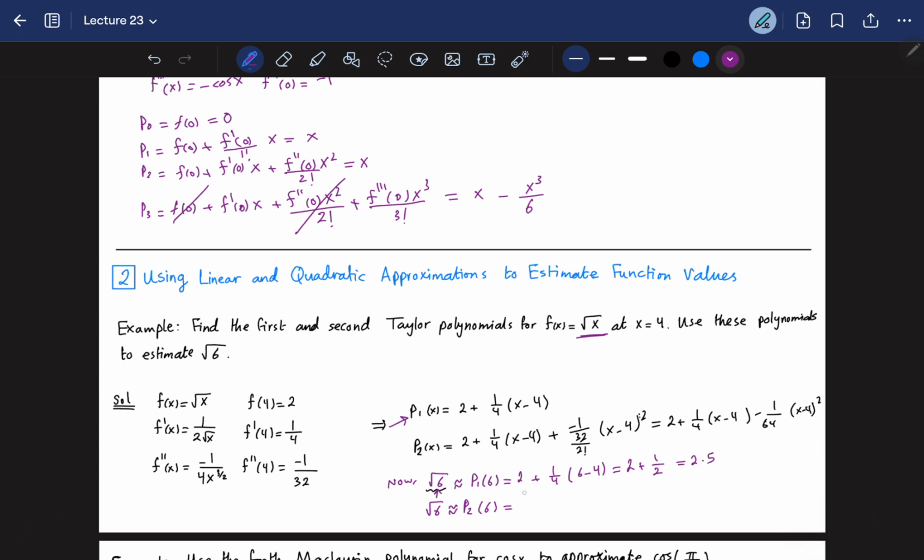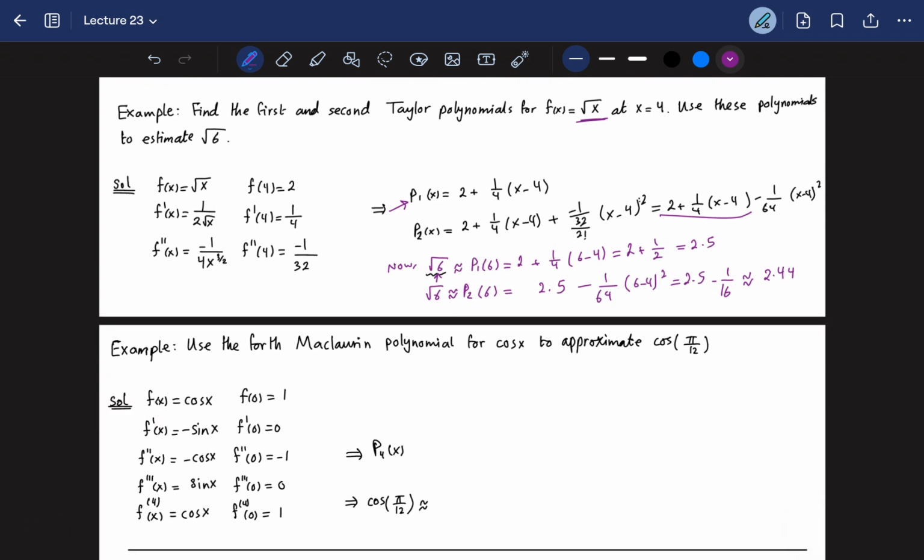If we use the second Taylor polynomial, now for this part here, we already know that this is equal to 2.5 minus 1 over 64 times 4. So that's 2.5 minus 1 over 16. And if you approximate that, you're going to get 2.44. So if you take the square root of 6 in a calculator, you'll see that this is a very, very close estimation.